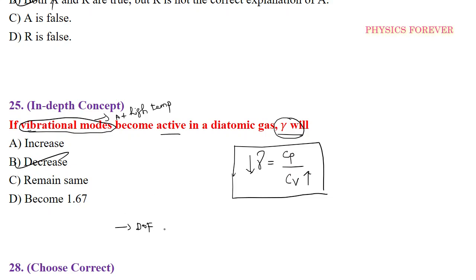This is the standard one. If the degree of freedom increases, then the specific heat capacity at constant volume Cv also increases. If both degree of freedom and specific heat capacity increase, what is the ratio? The ratio will decrease.